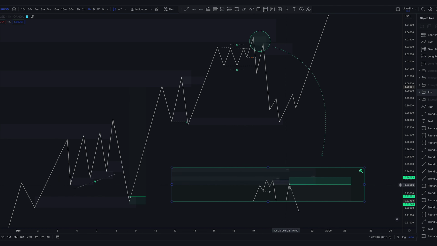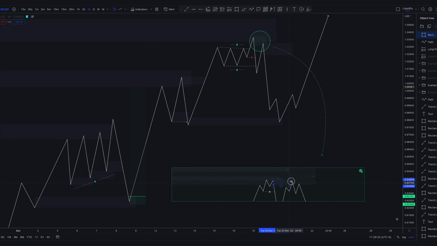Which would be here. Or if you want, you can wait, because I'm not sure if price came to mitigate something down here. If you want to be sure, just wait for a confirmation entry. So you would have the CHoCH here, and price would come to take your trigger for your entry. Let me just change this so you guys can see. So that's not your entry.